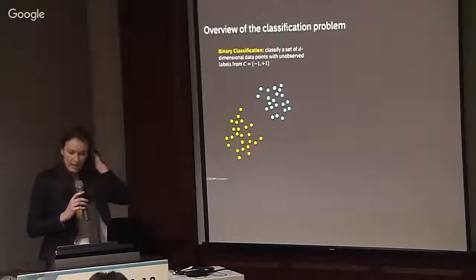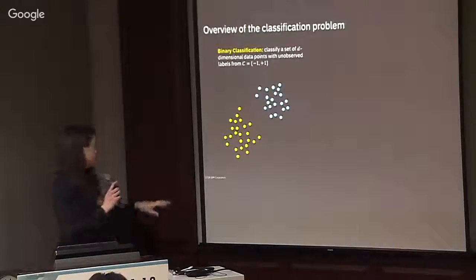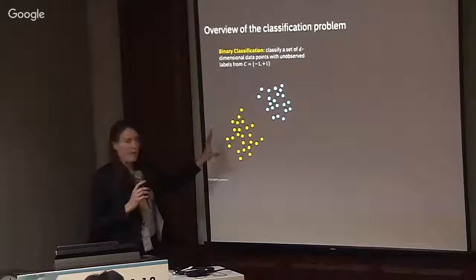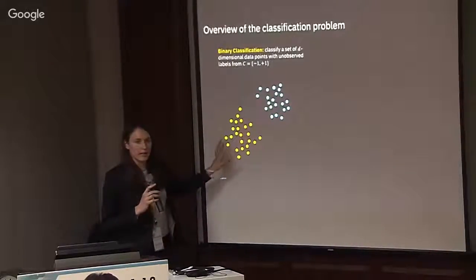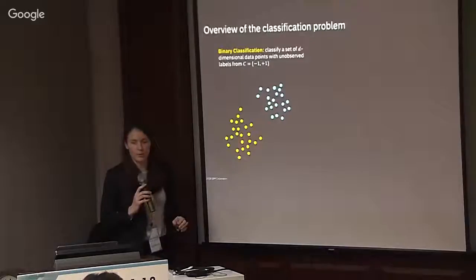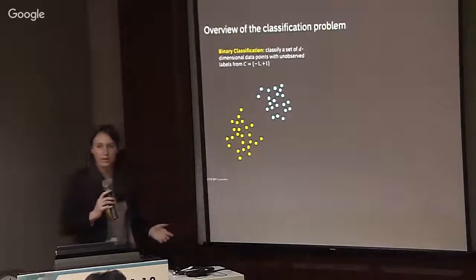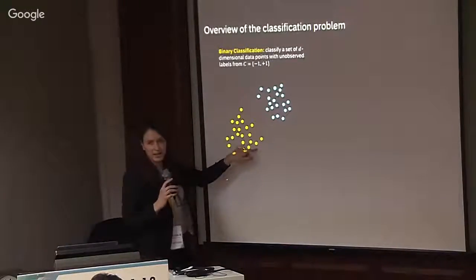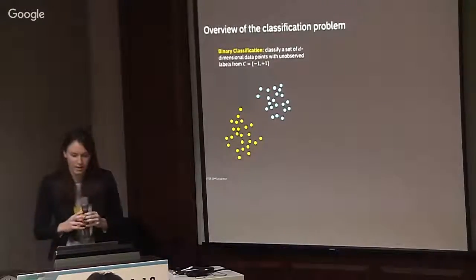And the idea is that you want to be able to use this set of data with labels that you already have, and then be able to use information about this data set in order to assign a label to a new data point that arrives into your system. So if I have a new data point, it lands here, then probably I should assign the color yellow to that data point.